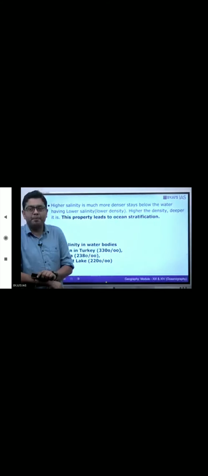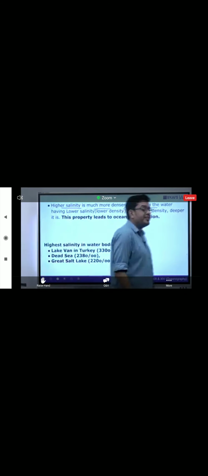Because evaporation is almost absent, there is no removal of water taking place. That is why in the higher latitudes, closer to the poles, the salinity will always be at the lower end of the spectrum.